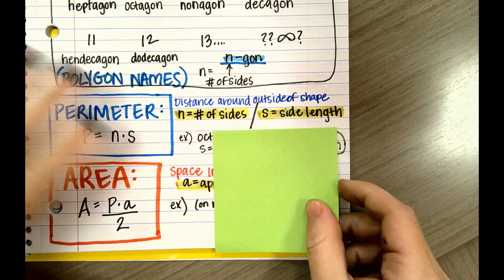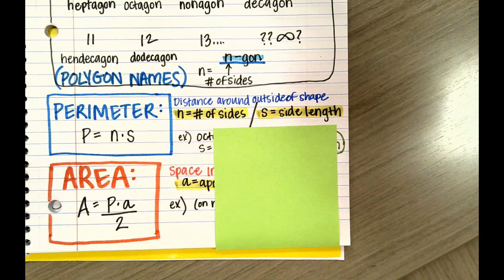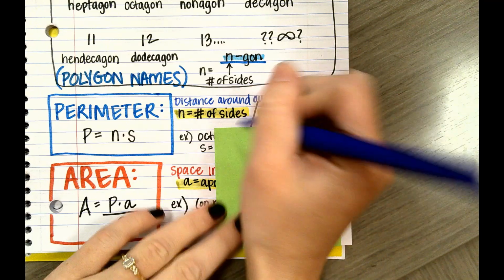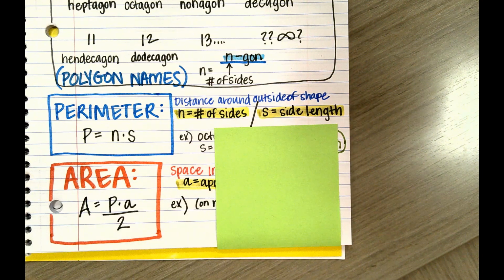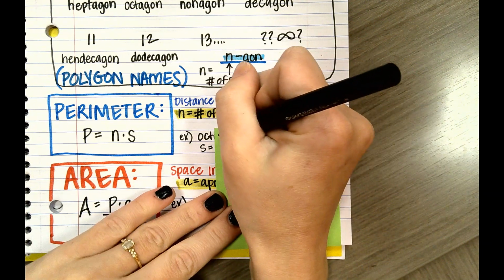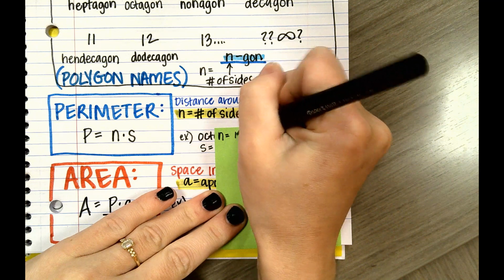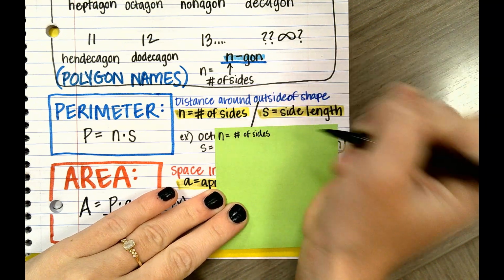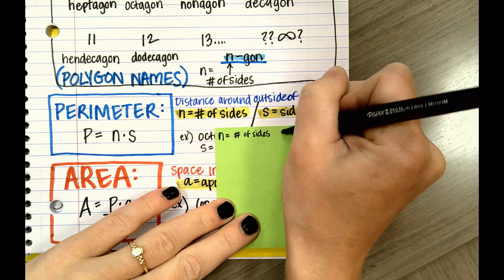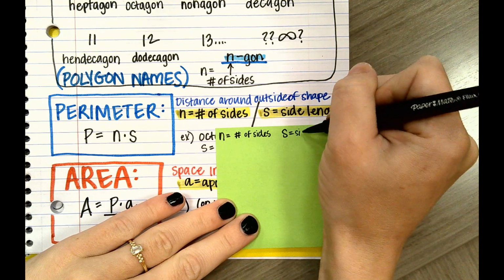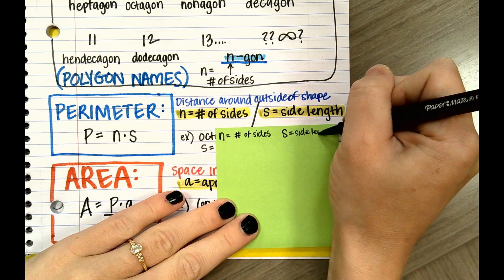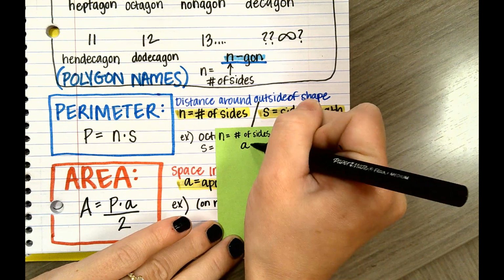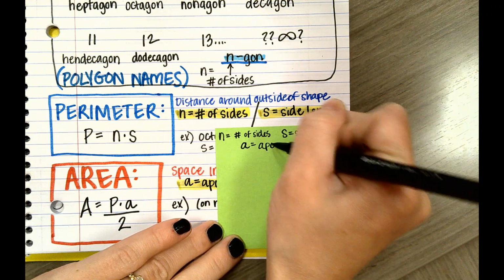So let's see. I am going to write my little key at the top that n is number of sides, s is side length, and my little a is apothem.